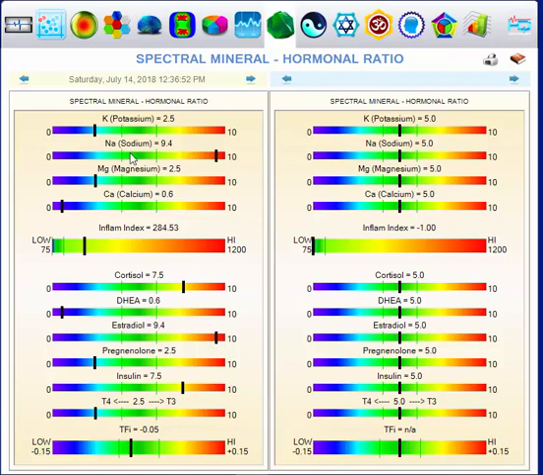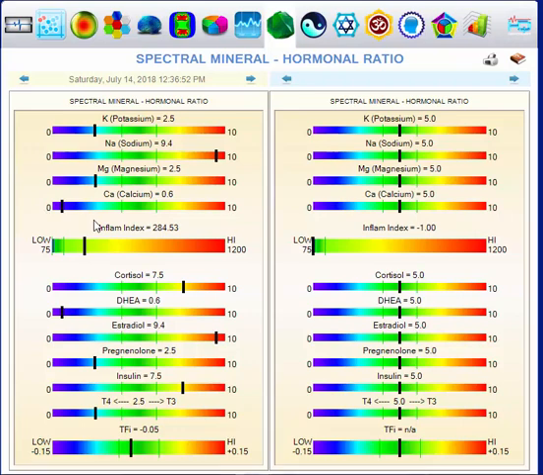In this case, we want to analyze the main minerals: potassium, sodium, magnesium, and calcium. We see sodium is running too high, and some of the essential minerals like calcium are running a little bit lower. So this gives us ideas that something is going on: too much sodium and a little bit of depletion of calcium.